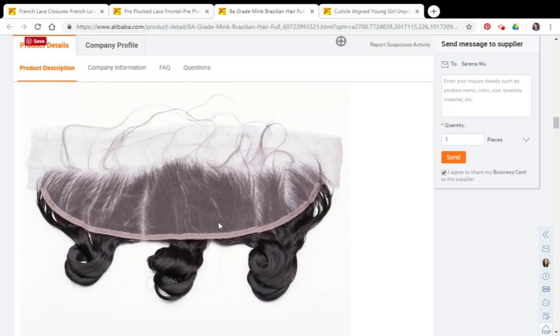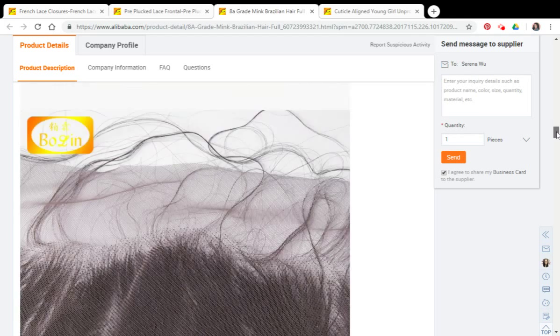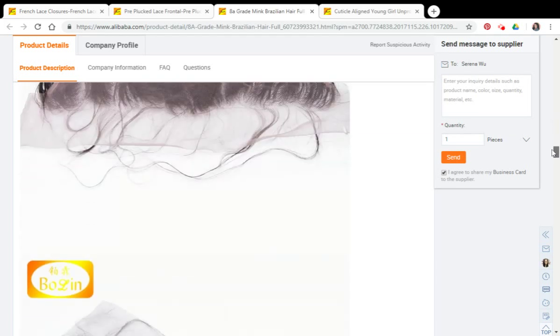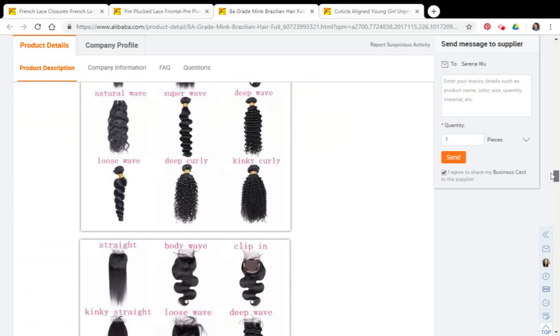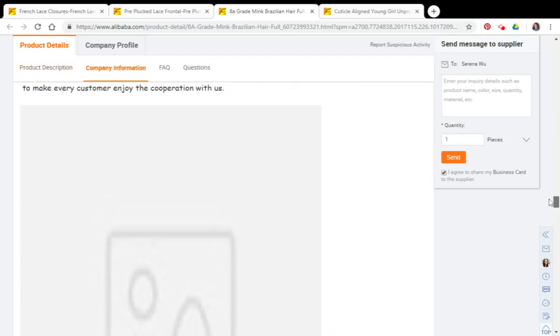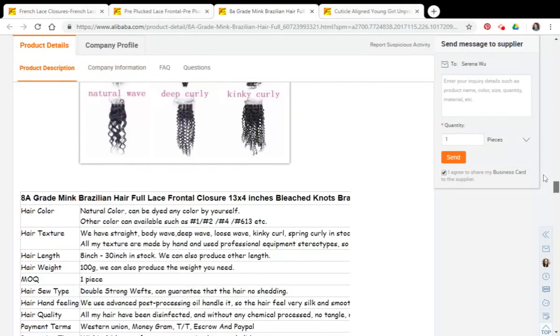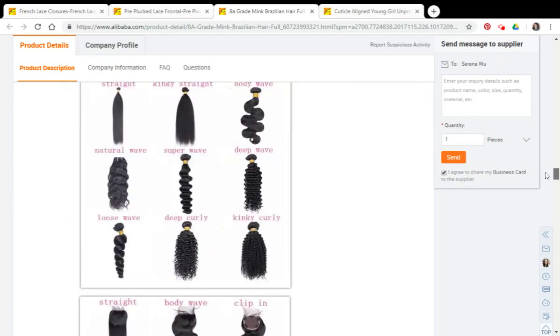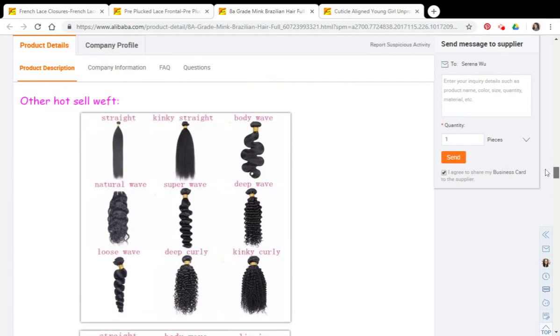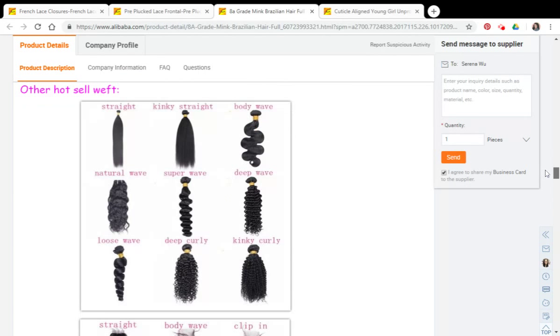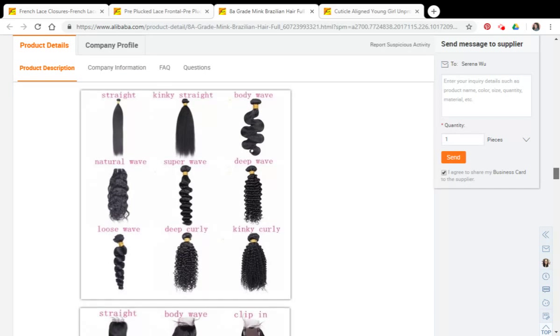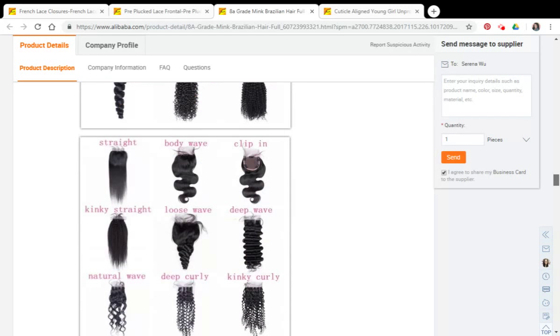So it has the lip around the outside. So that's how you would find a frontal or a closure vendor. They also sell different types of wefts, straight hair, wavy hair, deep curly, and all that.